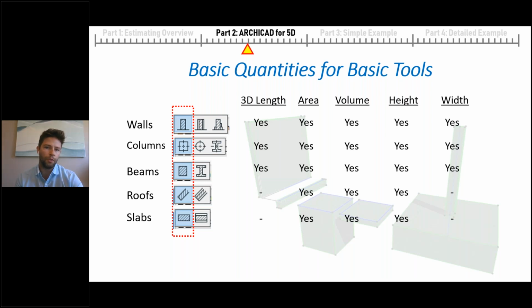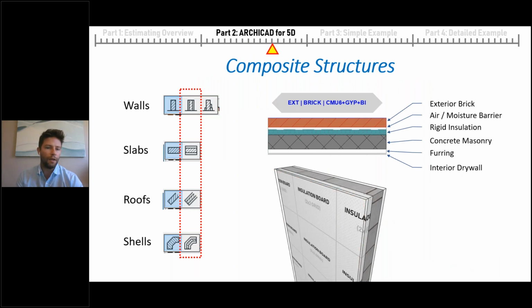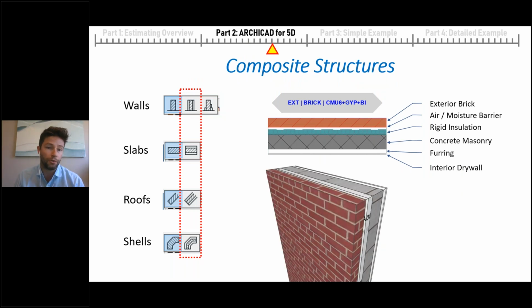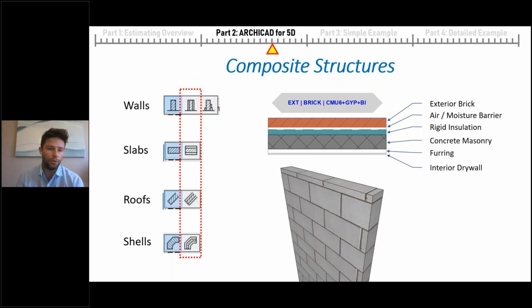Say if we're doing a takeoff and we're pricing something based off a length or maybe even a height, then we might need to consider what tool we want to model with. We wouldn't want to use, say, a slab to model something that we're producing out with a length. That's just something to notice, to make sure we're drawing with the right tools to get the right takeoffs. We have the complex or composite structures, which allow us to create different assemblies with different materials.